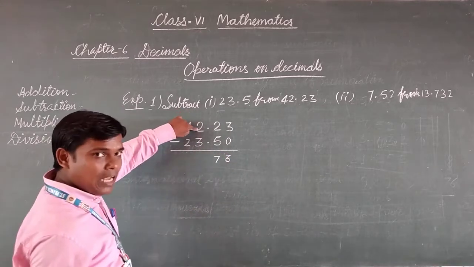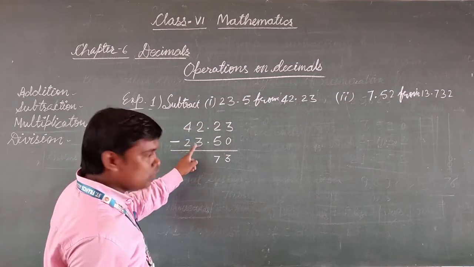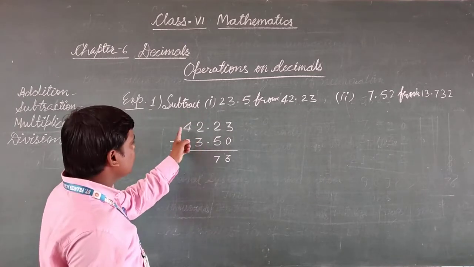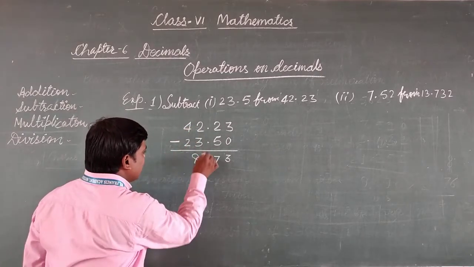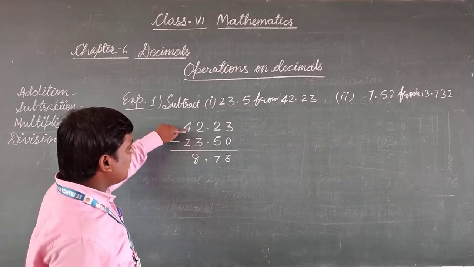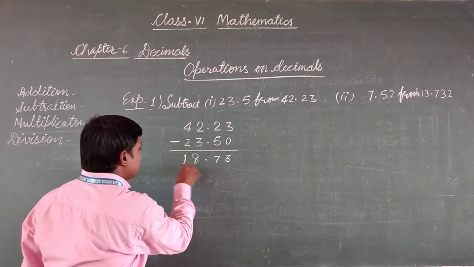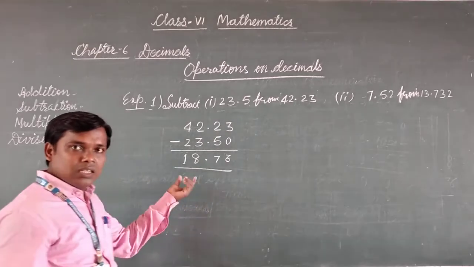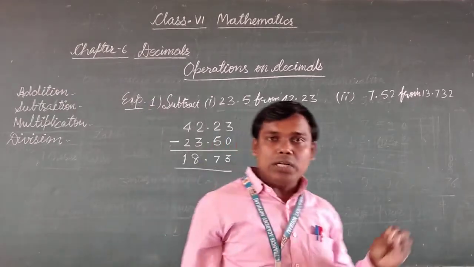Now it will be left with 1. Again from 1 we cannot subtract 3, so we take 1 borrow. So it will become 11, and 11 minus 3, 8. We will put the decimal point also here. And then it will be left 3, then 3 minus 2, 1. So this is the required difference when we have to subtract 23.5 from 42.23.